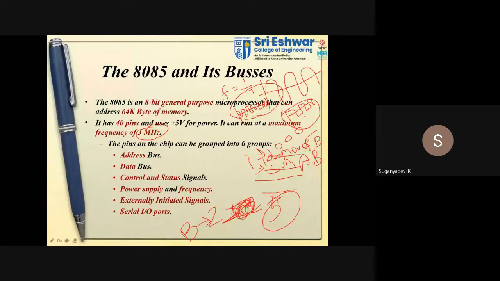The number of cycles here is 3, and the number of cycles here is 7. When I increase the frequency, the number of executions increases. We have 7 clock pulses over here, so I can execute 7 instructions individually. Here we have 3 clock pulses, so I can execute only 3 instructions.